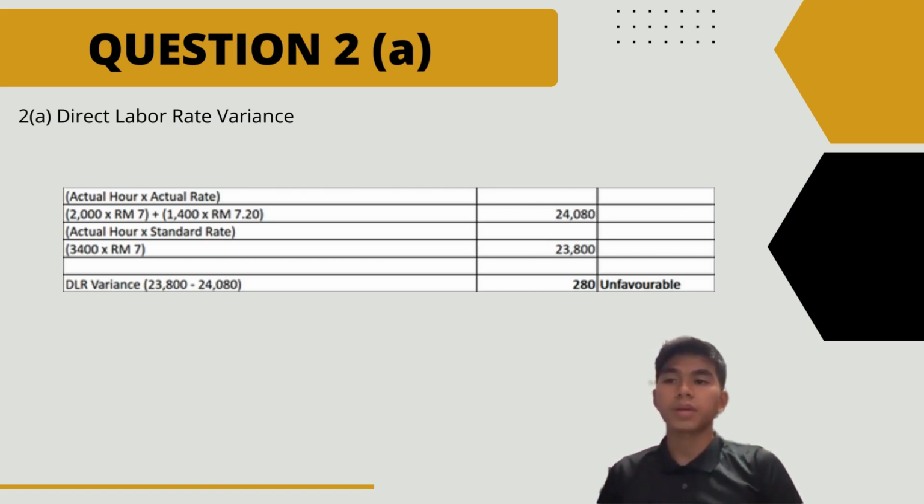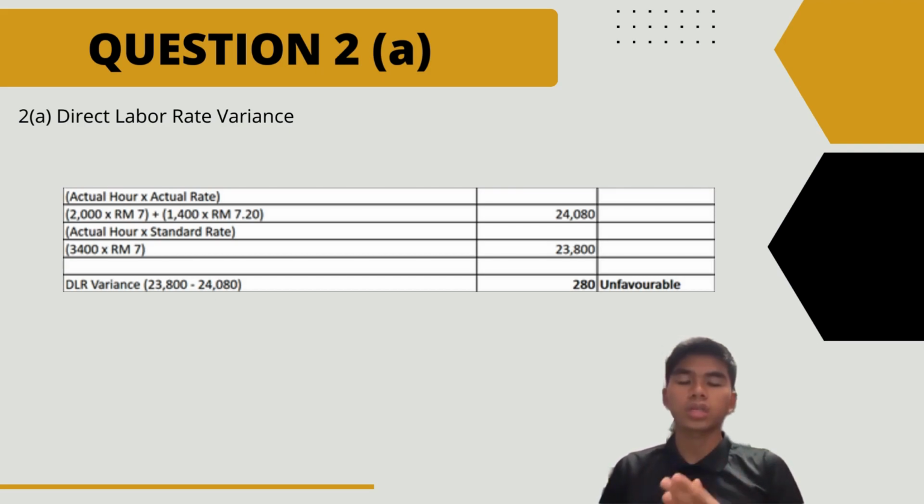which is direct labor rate variance. The first step is we calculate actual hour times the actual rate, 2000 times 7 ringgit, plus the overtime work 1400 times 7 ringgit 20 cent. We got 24,080 ringgit, and we calculate another, actual hour times standard rate, 3,400 times 7 ringgit.